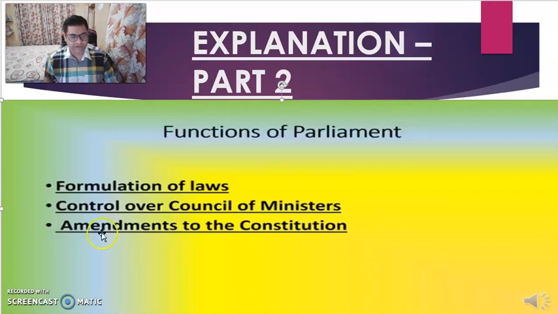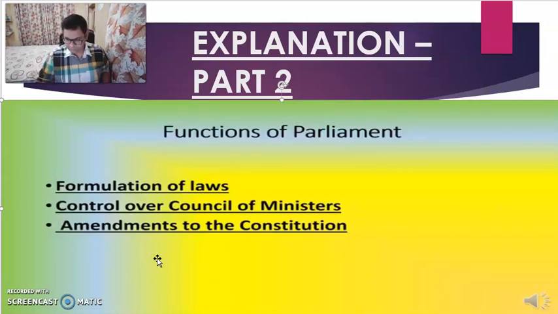And thirdly, amendments to the constitution, that is how the laws are amended, which means how they are changed, what is the process we will learn in this explanation. So I want you to pay keen attention, children.